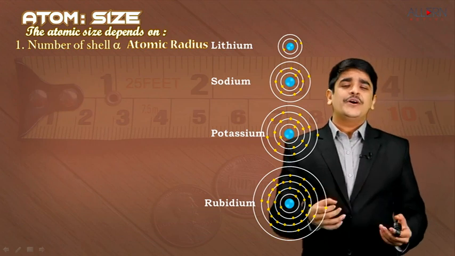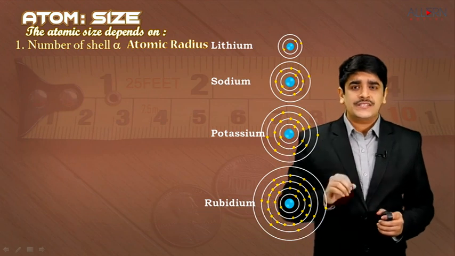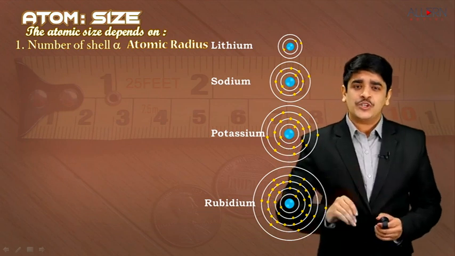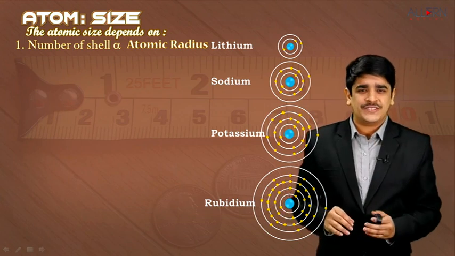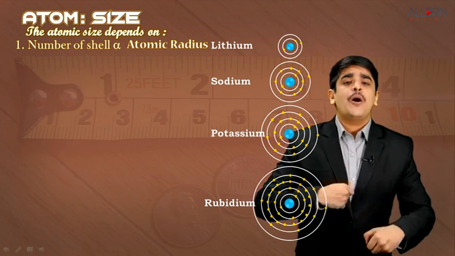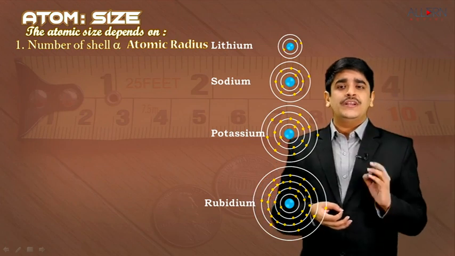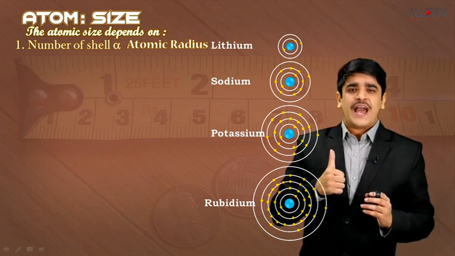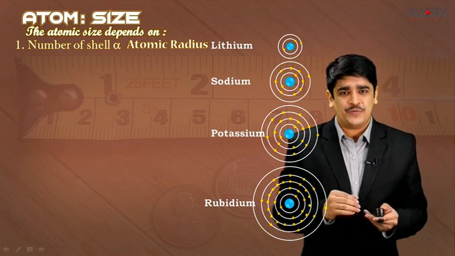And in a similar manner, rubidium is going to have 5 shells. So lithium, 2 shells, sodium, 3 shells, potassium, 4 shells, rubidium, 5 shells. You all can see clearly on the screen. It's very obvious. As the number of shells increases, atomic radius also increases, which means the number of shells and the atomic radius for a particular atom are directly proportional.